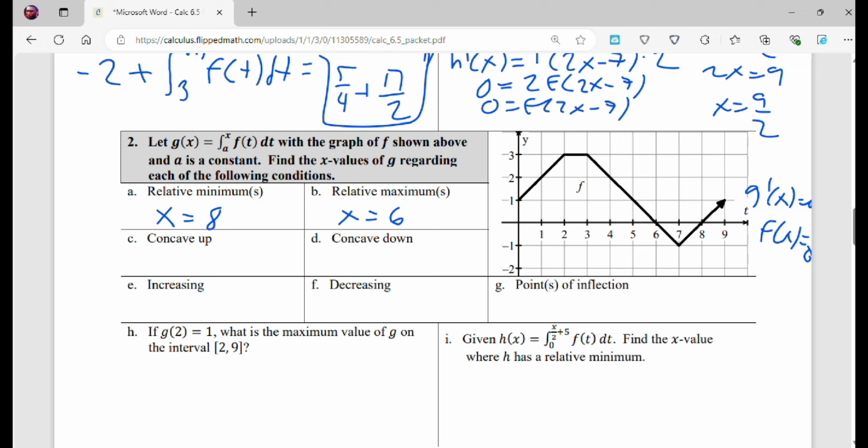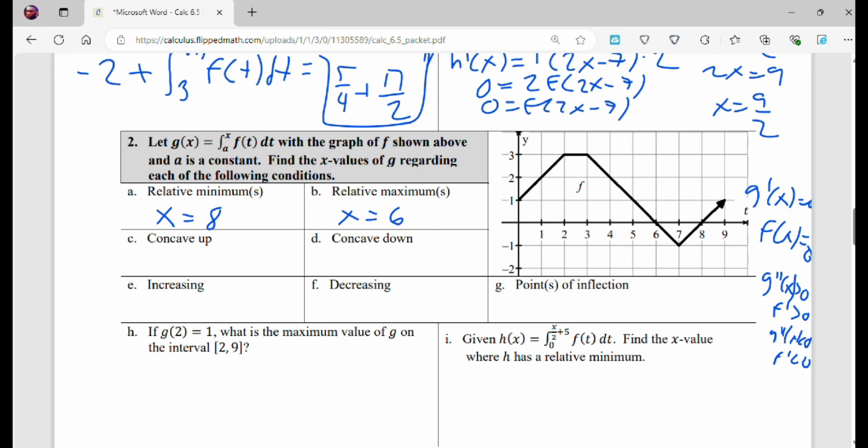Concave up, and I'm just going to write here: g prime of x greater than 0, f prime greater than 0. g double prime of x less than 0, f prime less than 0. So concave up, g prime is greater than 0, g double prime is greater than 0. So we have to find when f prime is greater than 0.